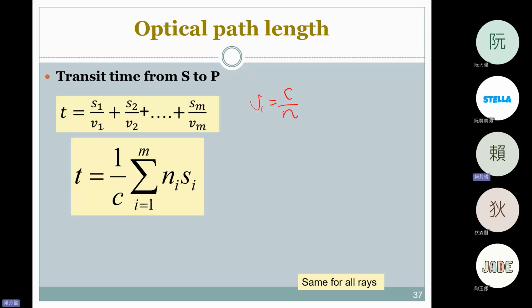So this is C divided by index N1, and this is C divided by N2. Every term has C, so C can be taken out, and what is left becomes N_i S_i, and then we add every N_i S_i together.